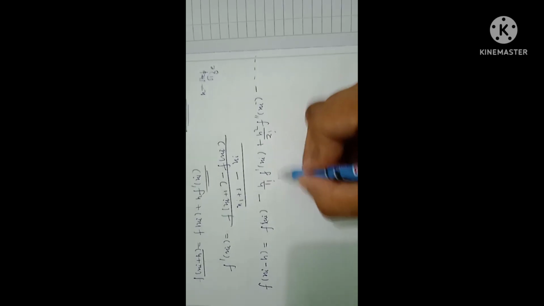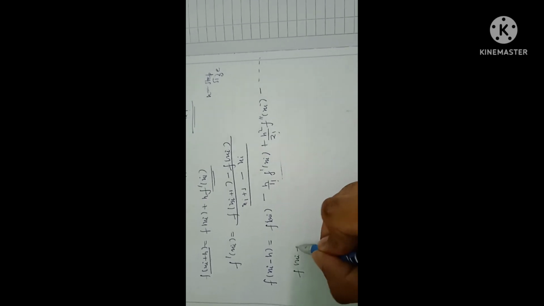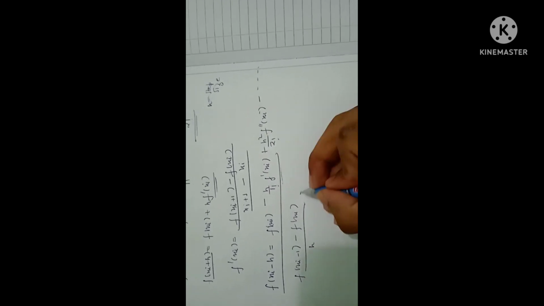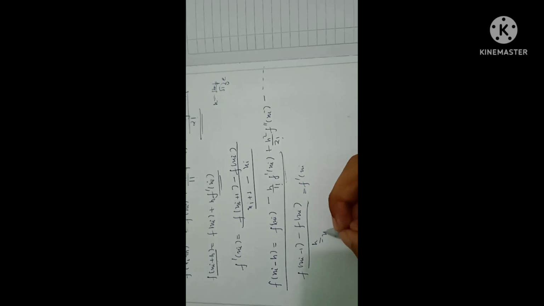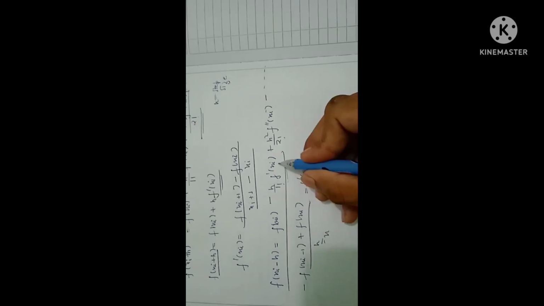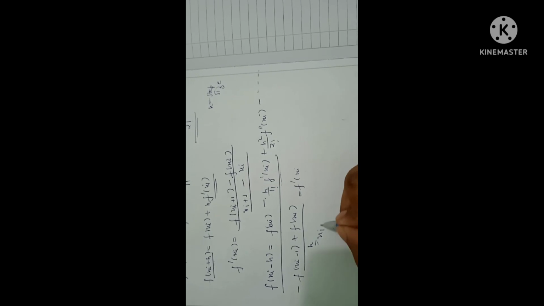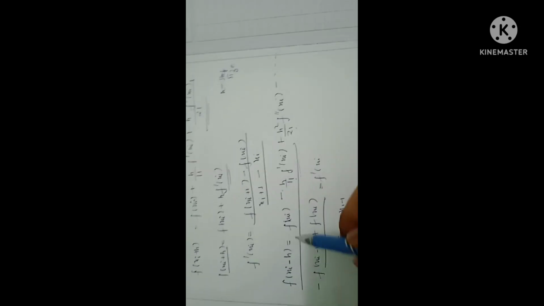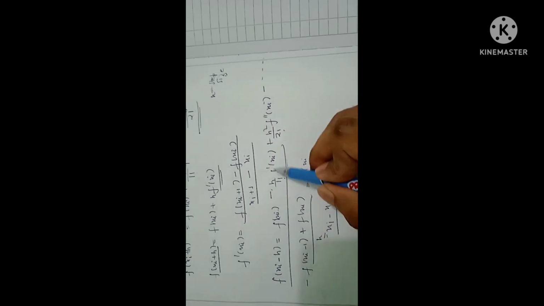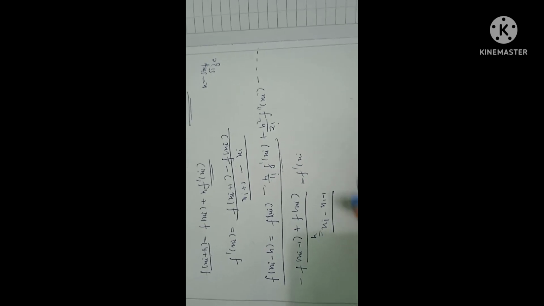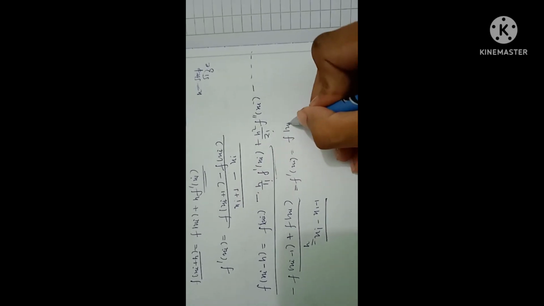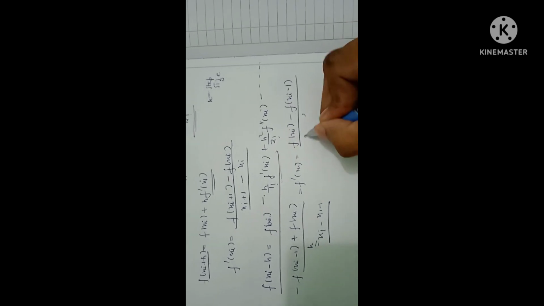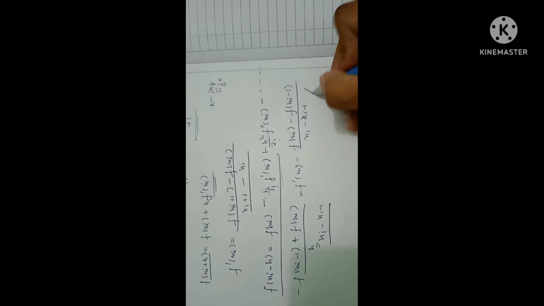From here neglecting higher order terms, f of xi minus 1 minus f of xi upon h is equal to f dash xi, where h can be written as, sorry, this will be plus and this will be minus, so xi minus xi minus 1, two consecutive terms, and f dash xi is equal to f of xi minus f of xi minus 1 upon xi minus xi minus 1, simple.